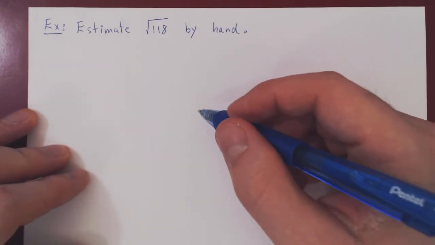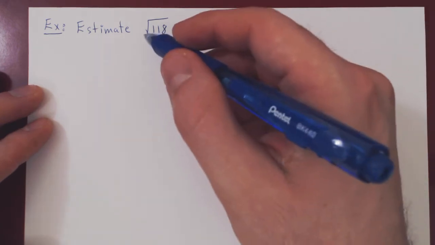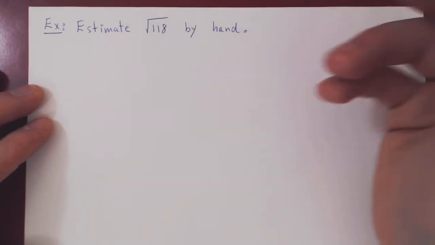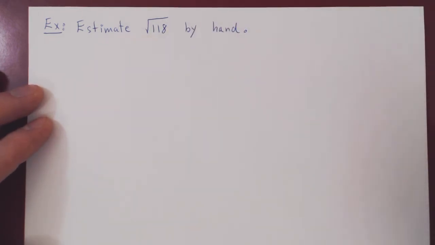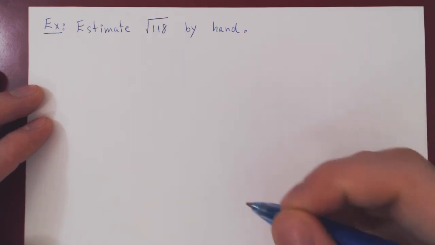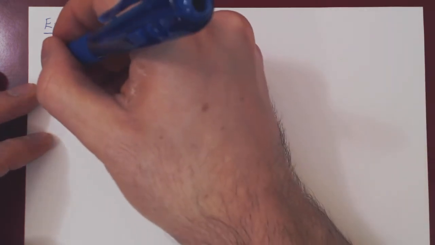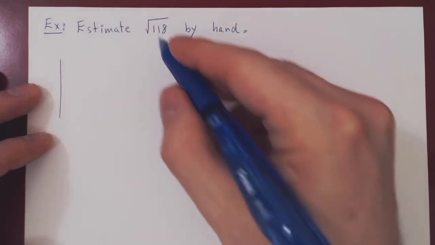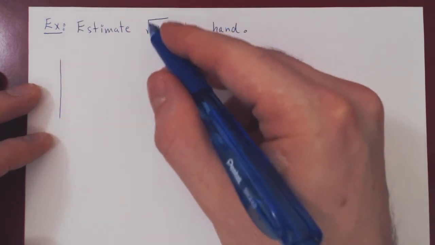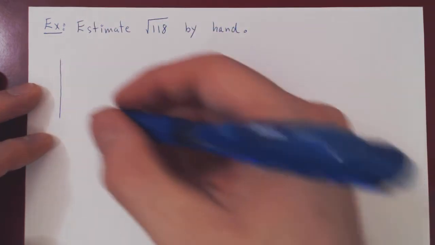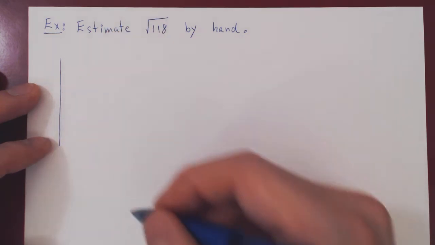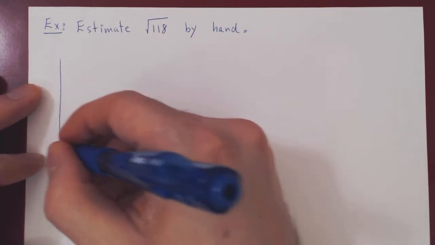Well, we'll use linear approximation, and if you go back, there are two key ingredients. We need a function and a point of tangency. Well, the function is pretty clear. We take the square root of 118, so the function will obviously be the square root function.